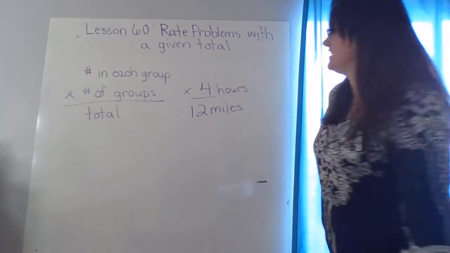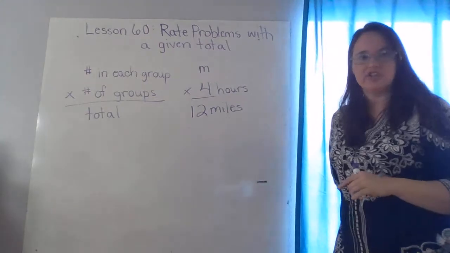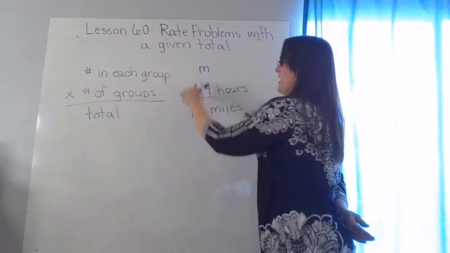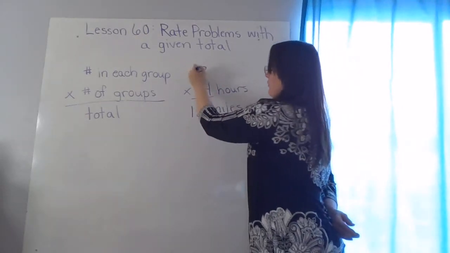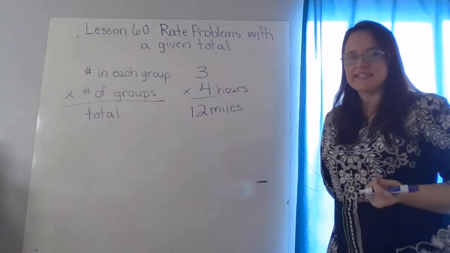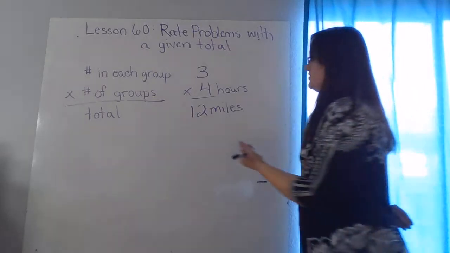So then the question is, how many miles did they go each hour? Or we read that as miles per hour. What times 4 equals 12? 3 times 4 equals 12. So since this problem specifically asked for miles per hour, let me show you how you write that.